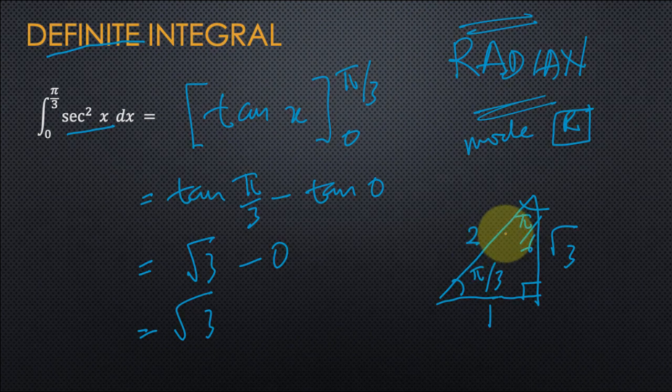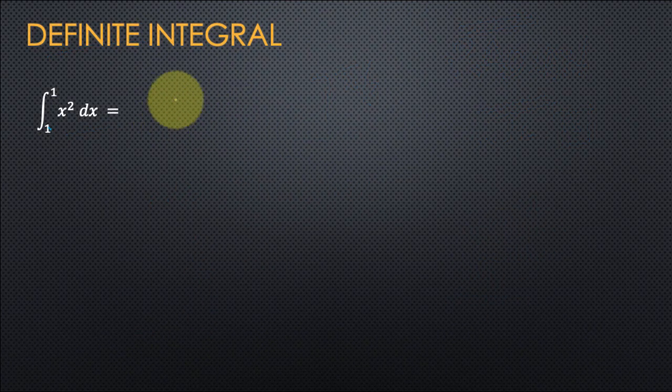To compute a definite integral that has the same lower and upper limit. If you have the same value of lower and upper limit, for example, in this case 1 and 1, the answer must be 0.